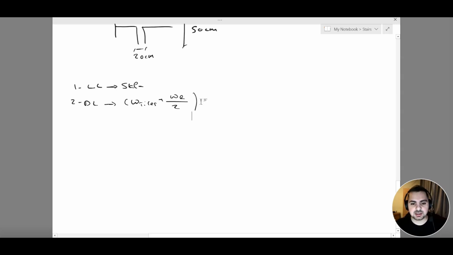Why? Because we said that we included half of my riser's thickness into my slab calculations. So here I'm going to take the other half in my dead load calculations.